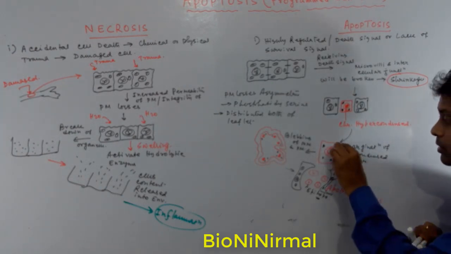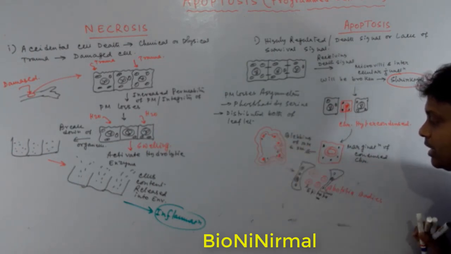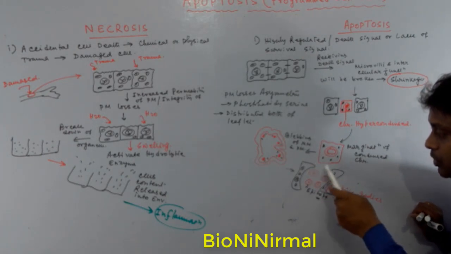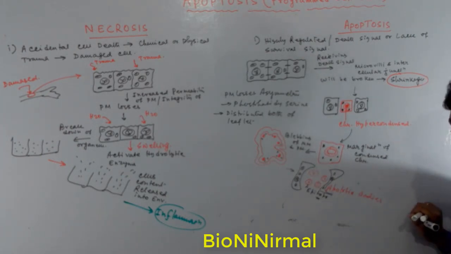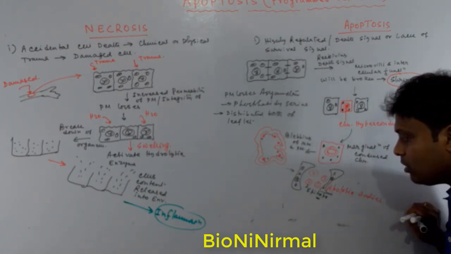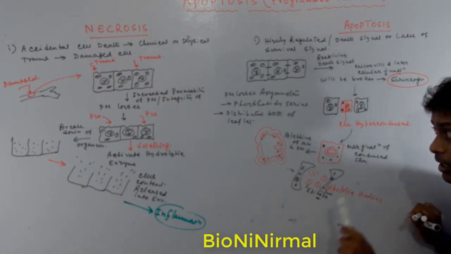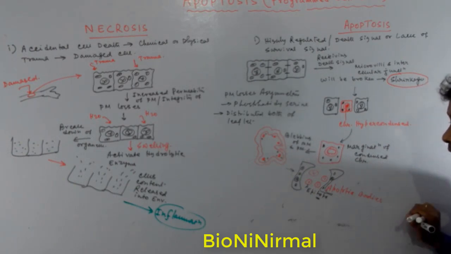And the blebbing of the nuclear membrane and the plasma membrane can be seen during the time of apoptosis, and this will actually produce the many apoptotic bodies. These apoptotic bodies are nothing but small vesicles which contain the chromosome and the remnant of the cellular organelle, okay.